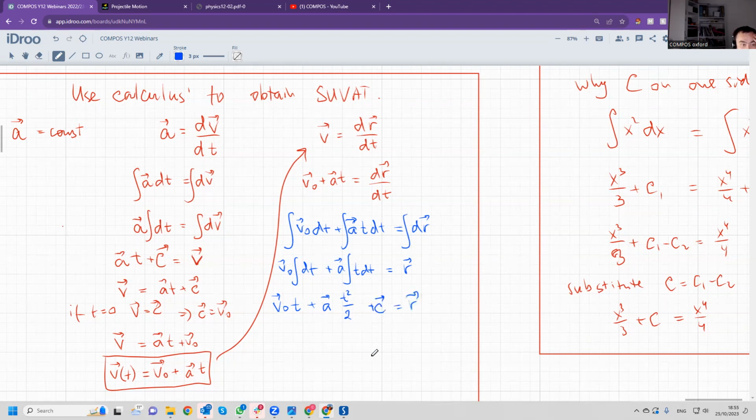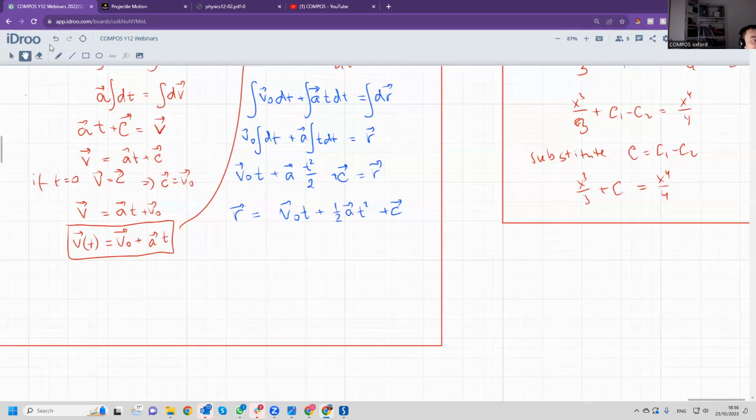So we can rewrite this: r equal to v0 t plus 1/2 a t squared, plus c. You see where I'm going with this, yeah? Well, it turns out when t is 0, r is equal to c.